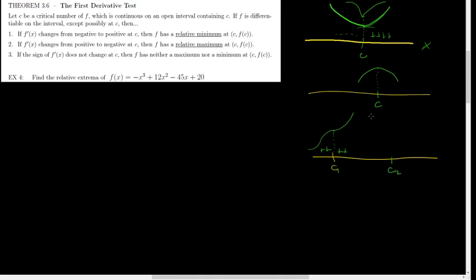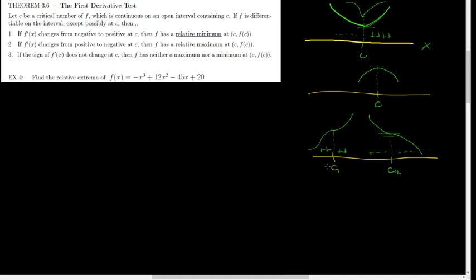Let's say this happens. Now the derivative is negative to the left, levels off, and then it's negative to the right. So the derivative at c2, because the tangent line is horizontal there, is 0. That makes this a critical number. On the other hand, the derivative is negative to the left and negative to the right, and for the same reason as over here, this is not a minimum and not a maximum.